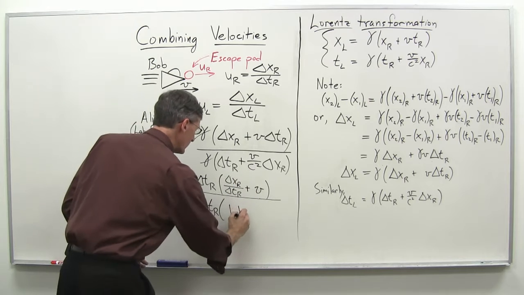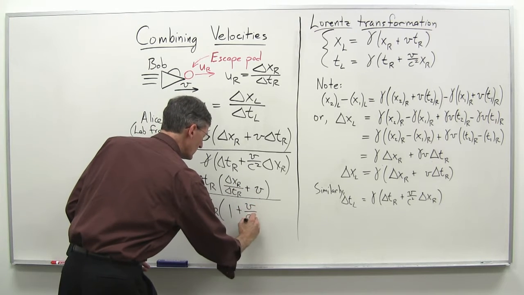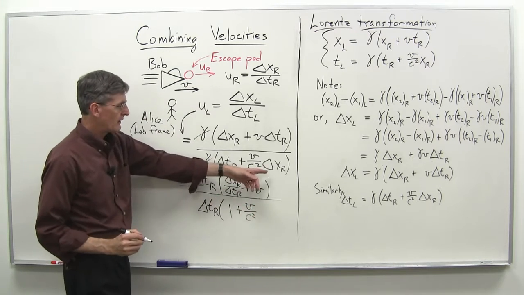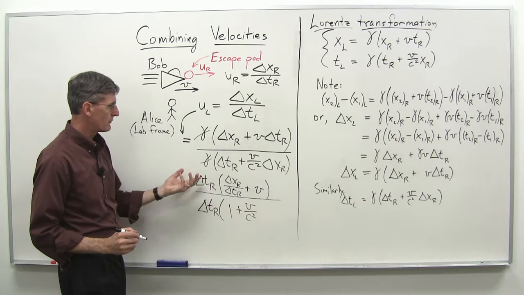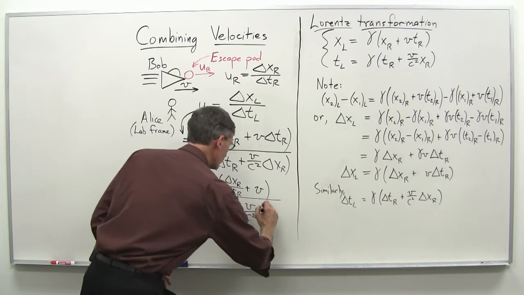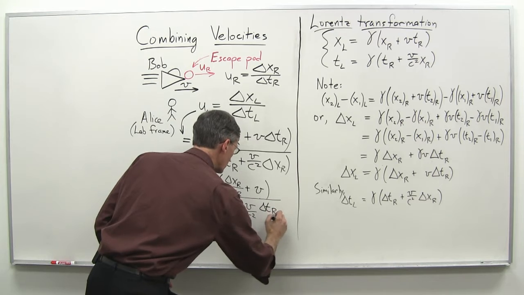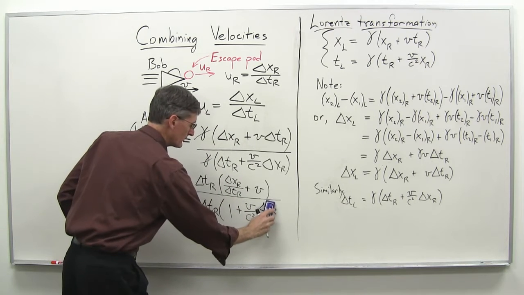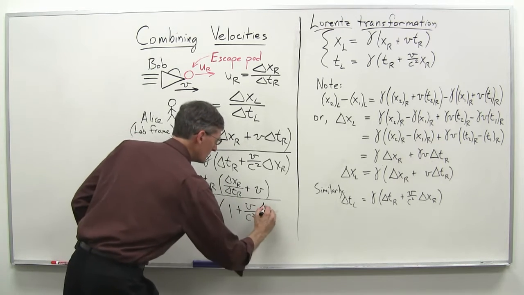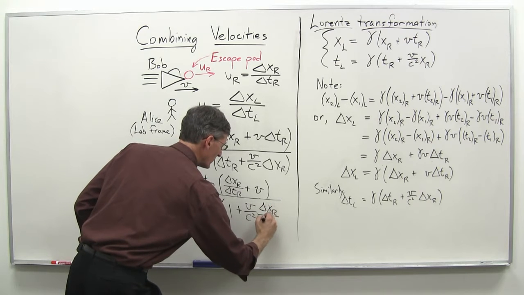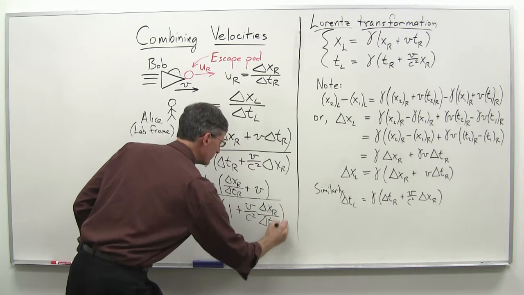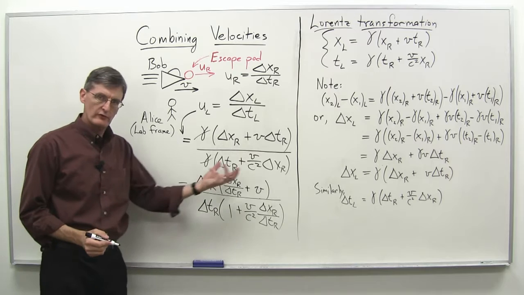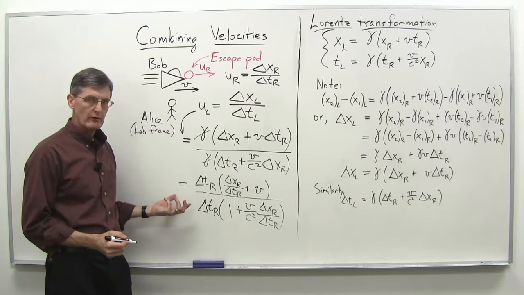And then I've got the v over c squared here. That's not going to change. And I pulled out a delta t sub r from this term. So just like we did up here, this becomes, oops, sorry, my mistake, delta x sub r over delta t sub r. So I just use a little algebraic trick there to pull out delta t sub r.